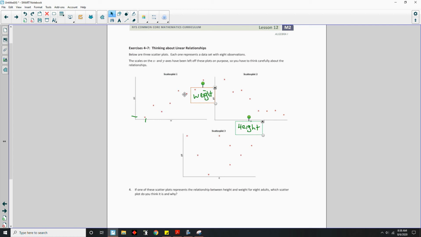So we get taller as we get older, not shorter. So it would not be scatter plot 2. And this would be as you get shorter, your weight decreases, but then you turn and you get taller again. So that doesn't make sense either. So I would put that back over here, and slide this over here.